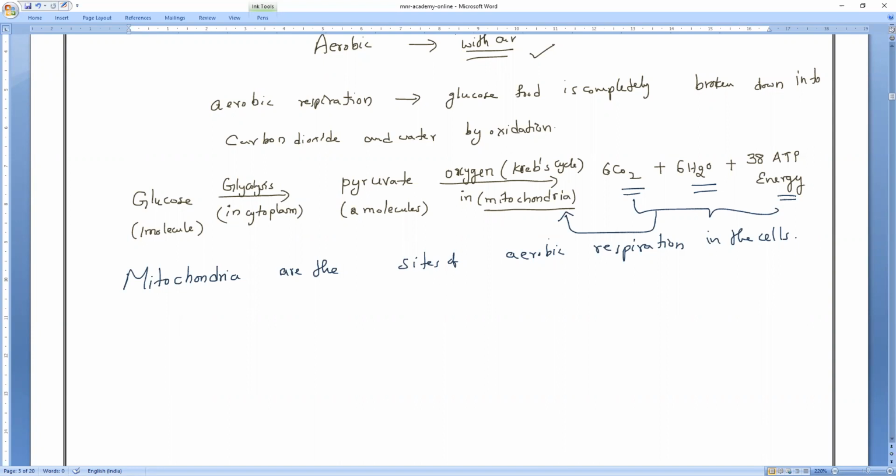The majority of plants undergo aerobic respiration, by using oxygen or not using oxygen? By using oxygen, in the presence of what? All of you. In the presence of oxygen only, the pyruvate will be converted into carbon dioxide plus water plus 38 ATPs of energy per glucose molecule.